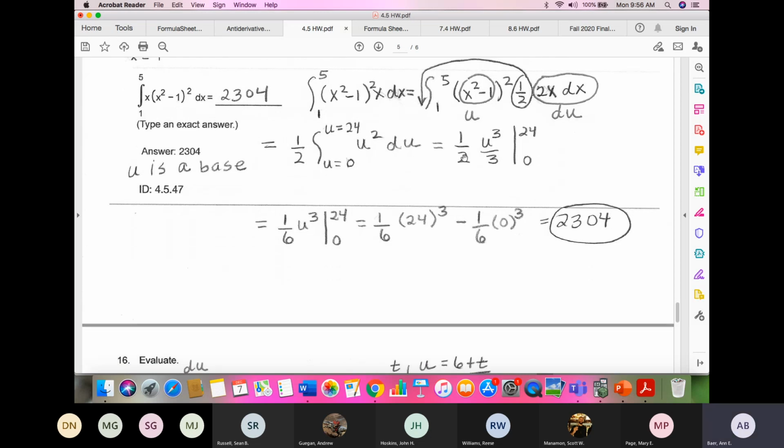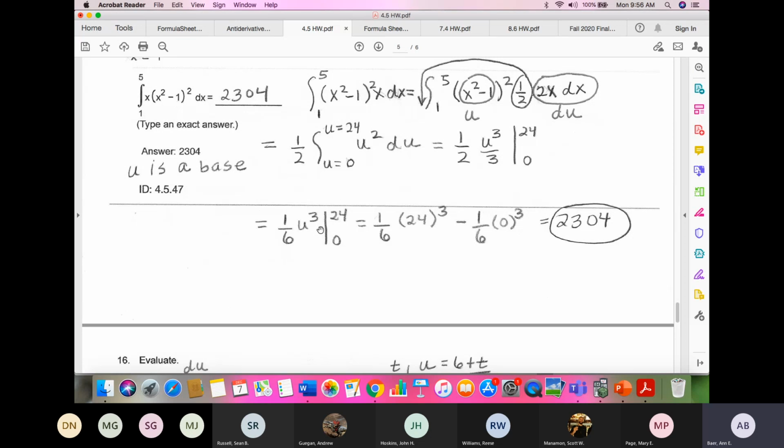So 1 times u cubed is just u cubed, and 2 times 3 is 6. So we get 1/6 before the u cubed.